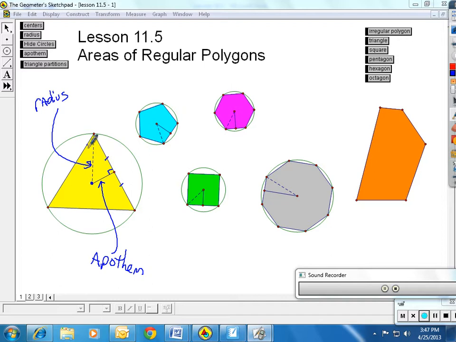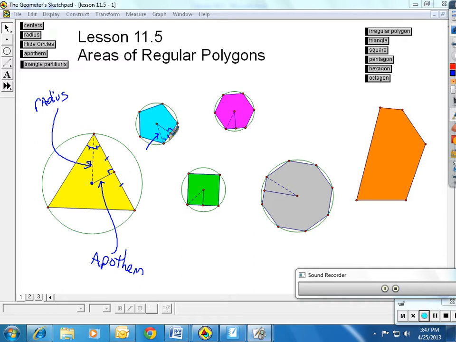Also, we should realize that the radius will always bisect that angle as well. So here is my radius right here. It bisects that angle, and my apothem here is perpendicular, and it bisects the base there.